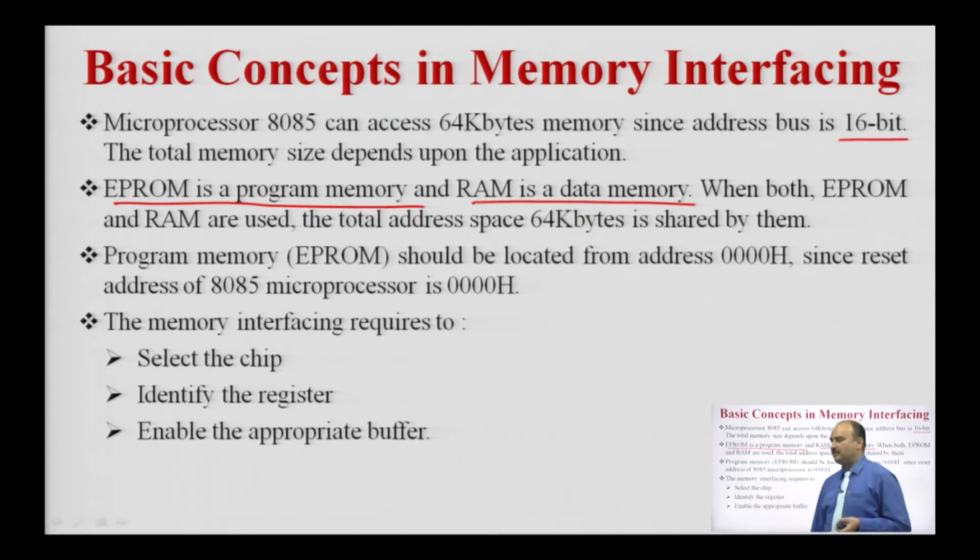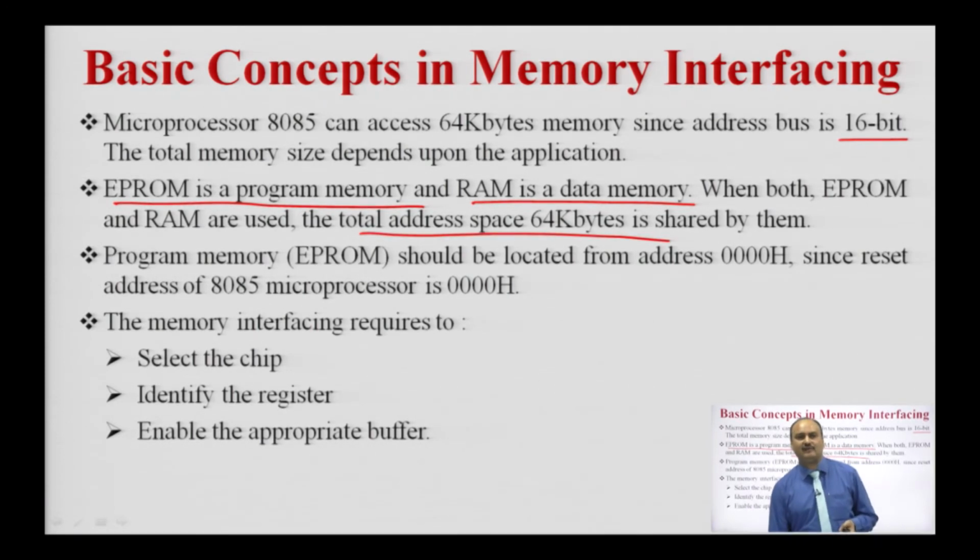Both EPROM and RAM are used during memory interfacing. The total address space is 64 kilobytes, with the help of these 16 address lines, and the processor is able to access 64 kilobytes of memory locations. So, this 64 kilobytes can be shared between the EPROM and the RAM memory.